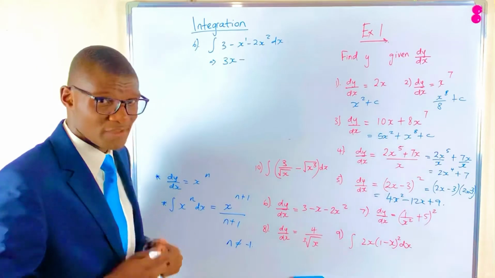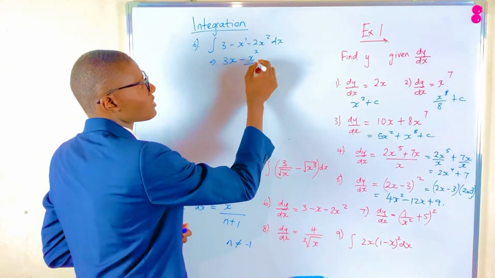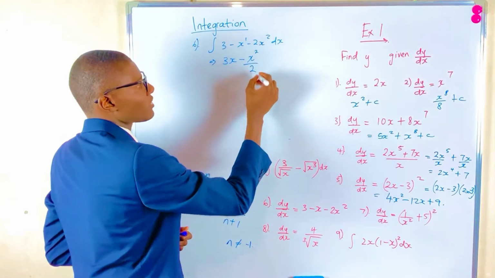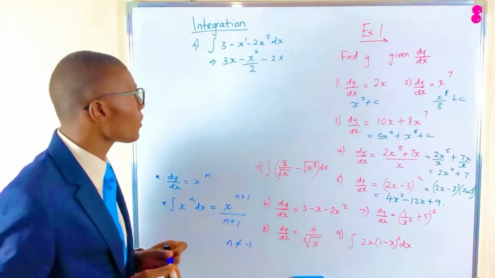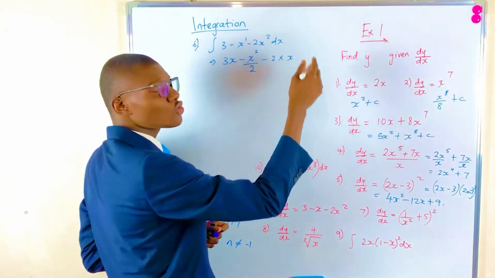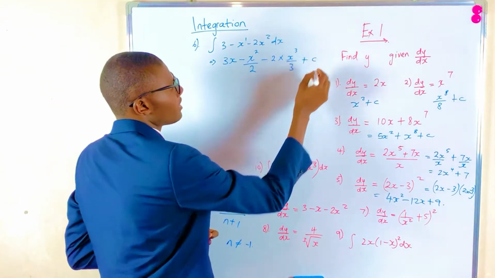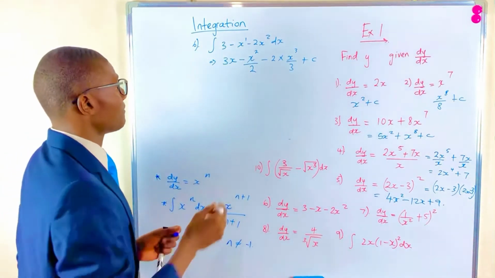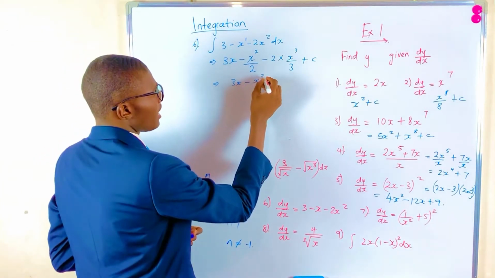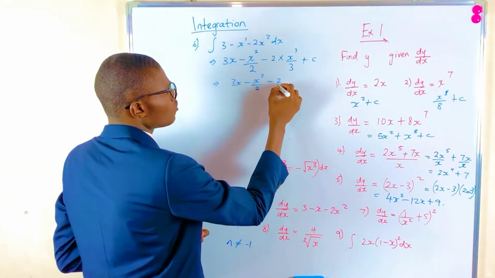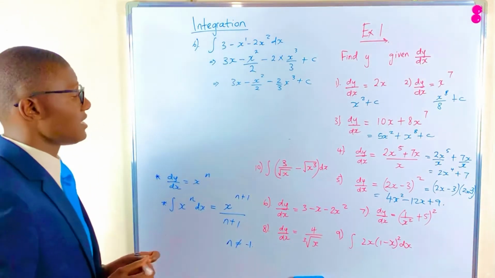So the integral of x to the power of 1, we're saying x to the power of 1 plus 1, that will give us a 2, over 1 plus 1, that will give us a 2, minus 2 times the integral of x squared, we're saying x to the power of 2 plus 1, that's a 3, over 2 plus 1, that's a 3, then plus the constant of integration c. Further on simplifying this, we'll get 3x minus x squared over 2, minus 2 over 3 x to the power of 3, plus the constant of integration c.